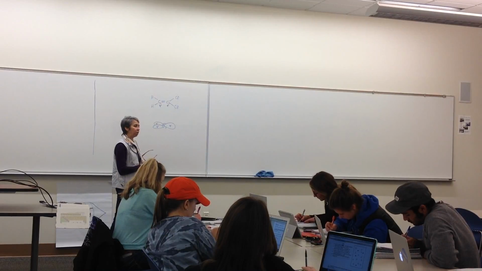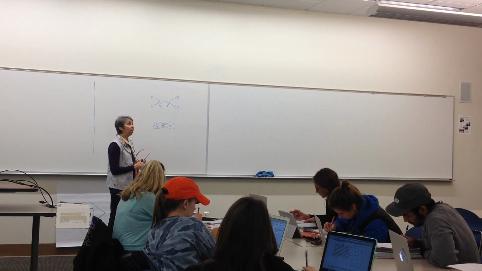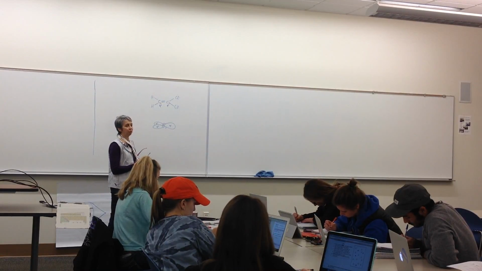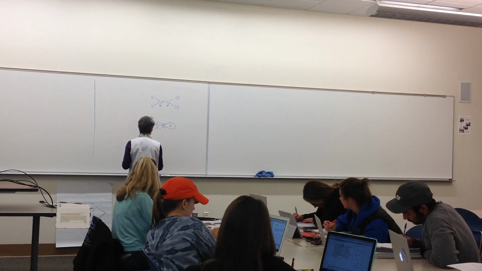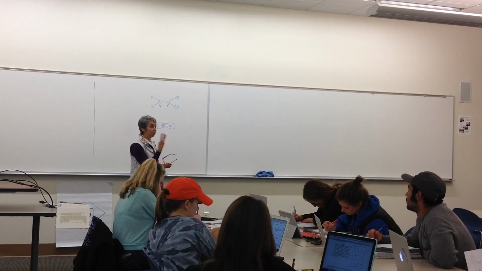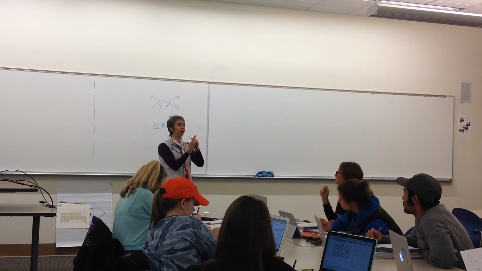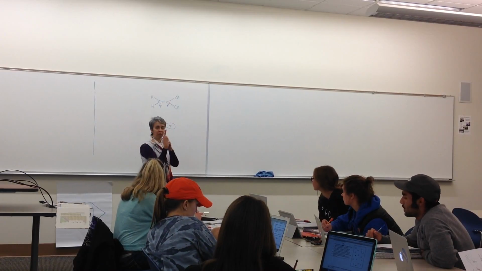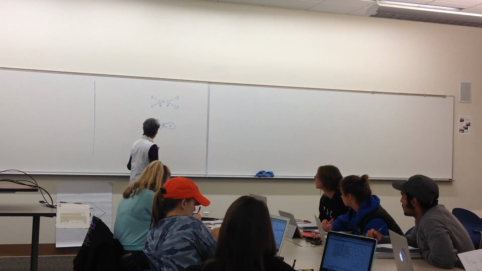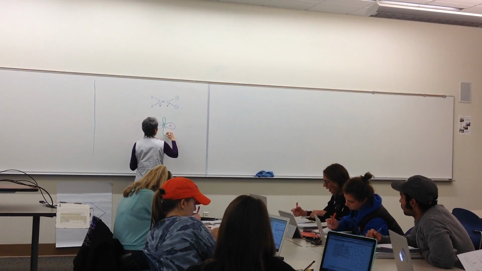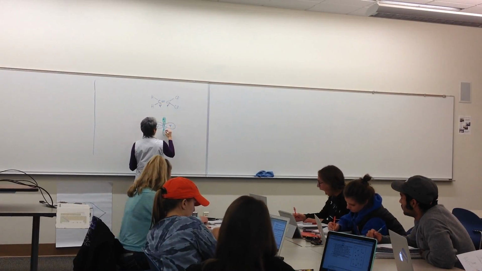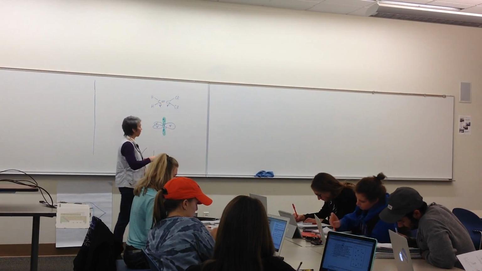If we have sp2s, how many p orbitals did not get used? 1, because we always start with a set of 3 p's, and if we've used 2 of them, that's what the 2 means, then we've got 1 left. So I'm going to draw the p orbital in a different color. So that's the p orbital.